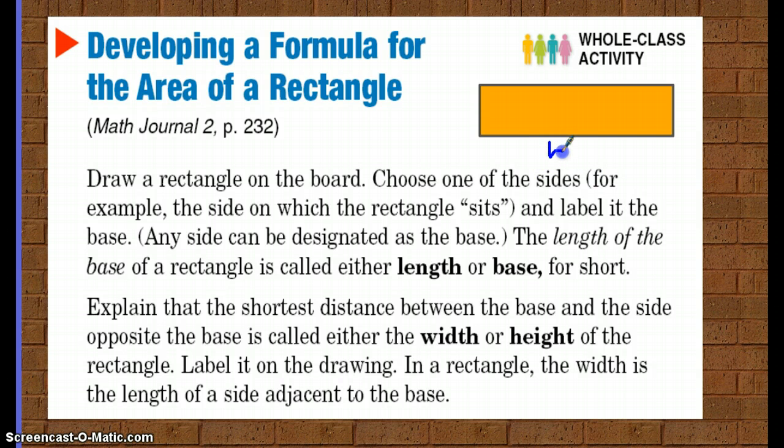So this is either called your B abbreviation or your L. Now the shortest distance between the base and the side opposite the base is called either the width or the height of the rectangle. So we can label that either a W or the letter H. The width or height of the rectangle is the length of a side adjacent to the base. So if this is the base, adjacent means right here where the width or the height is.